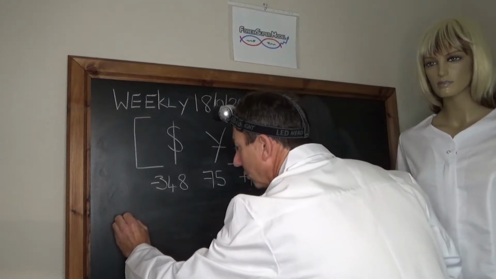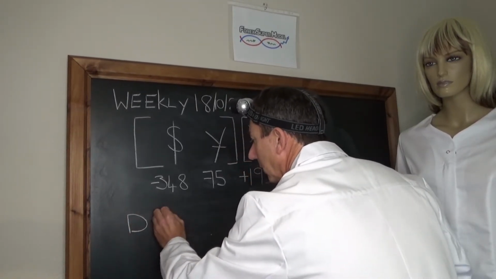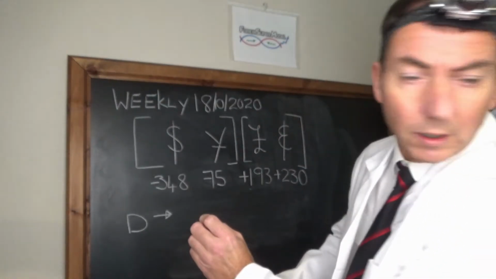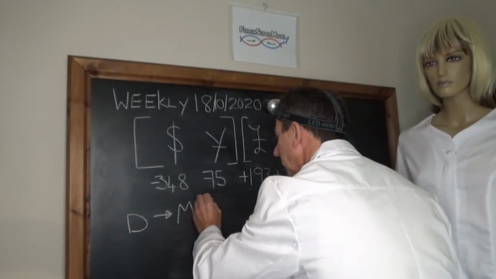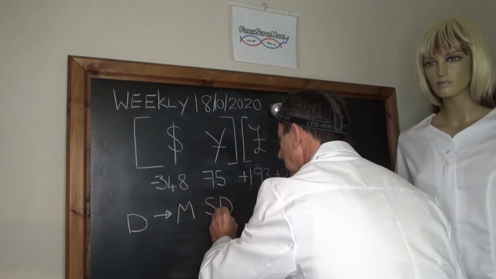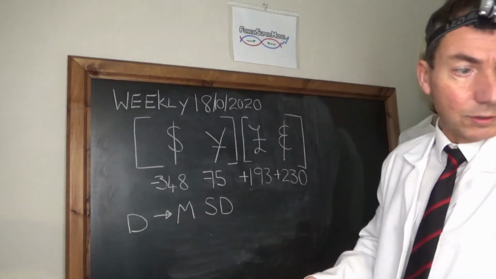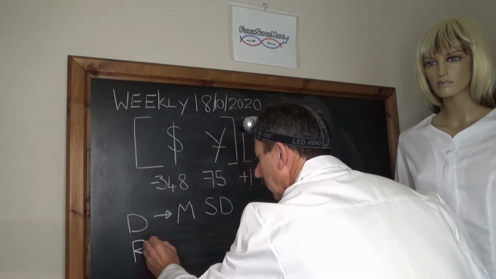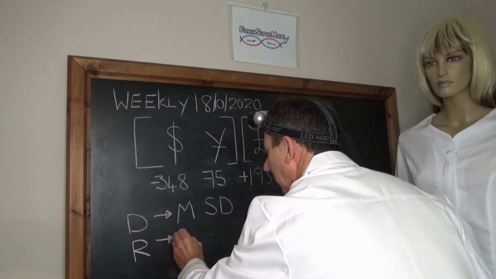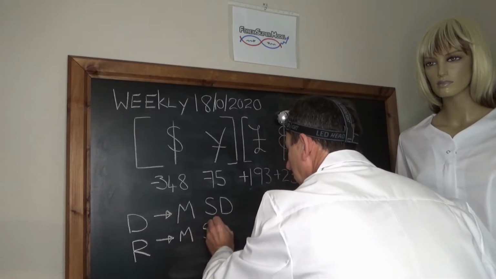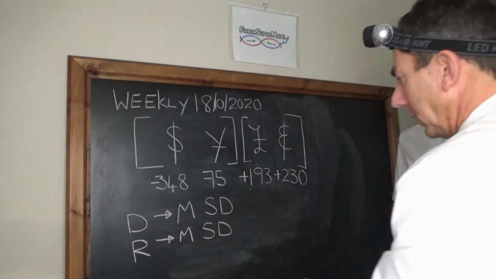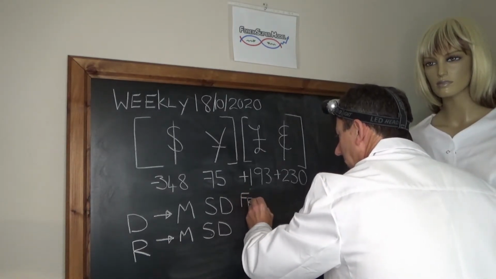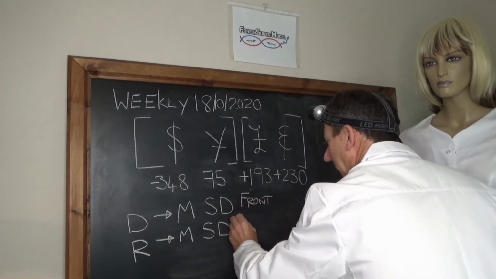Then the driver, the mover and the secondary driver are front door flows, and the rock, the mover and the secondary driver are backdoor flows. So this is front, and this is back.